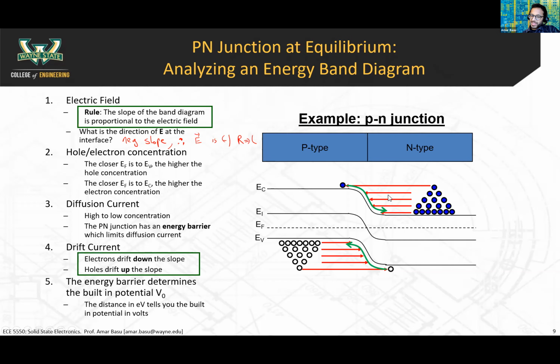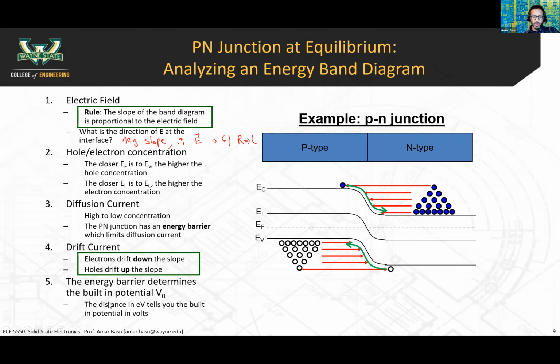The electrons that have a high energy state end up diffusing all the way over, and then they, or a different electron, can come drifting down like this. Either way, you see that there's a balance: a balance of diffusion current going from right to left, this upper arrow here, and drift current going from left to right. And similar with holes here. They balance each other out. So that's the third and fourth things here.